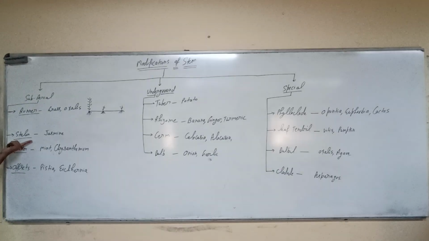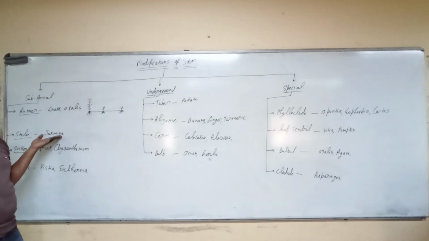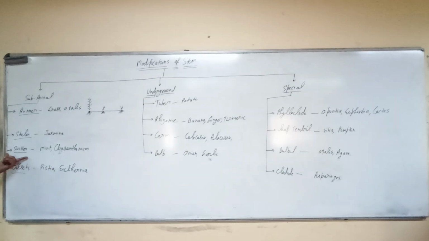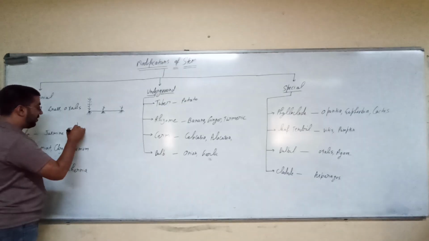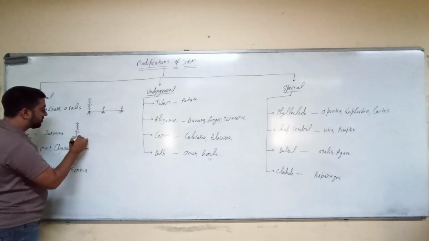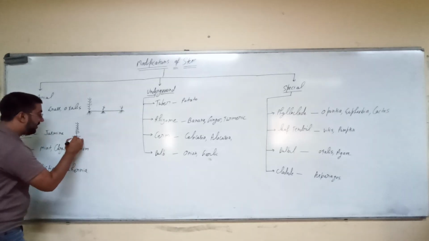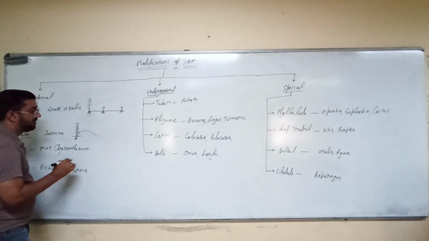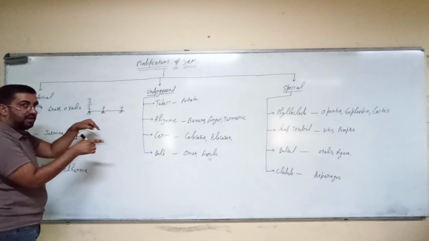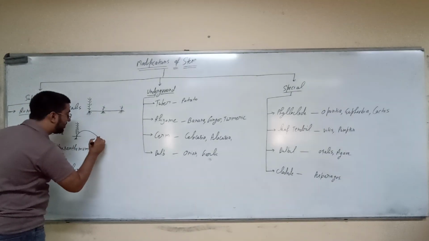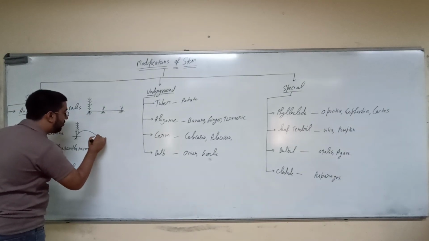Next one, stolon. It is present in jasmine, and sometimes stolons are present in mint also, but mainly mint has suckers. What is a stolon? Stolons are small stem-like structures which arise from the base of the stem and move aerially, and then after some time touch the ground and form a new plant.